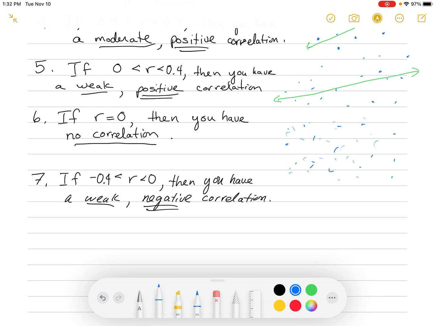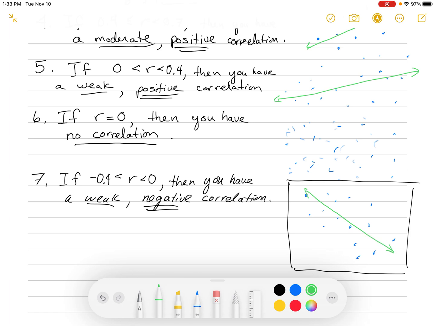So a weak negative correlation would be something where your points are doing maybe something like this. If I focus on what's in this little window right here, you can see that the points are scattered out, but they're kind of following a linear pattern. They're trending this time downwards from left to right, a decreasing direction.